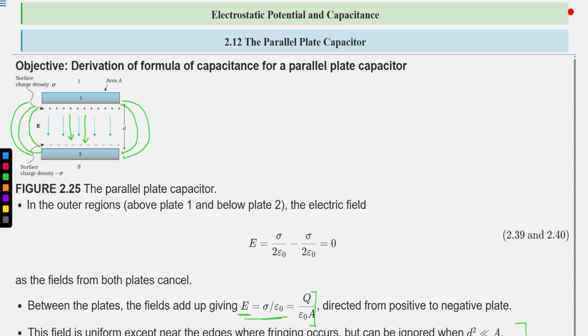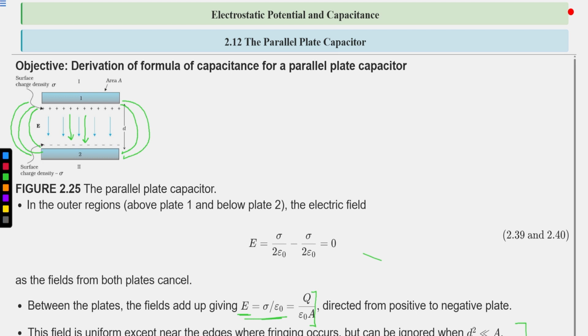So a large amount of uniform field is present inside, but due to this small separation, very small fringing is present near the edges. So very small fringing can be neglected. That's why we are taking this assumption that this separation will be very small as compared to the area.